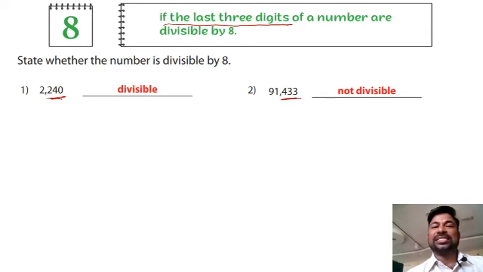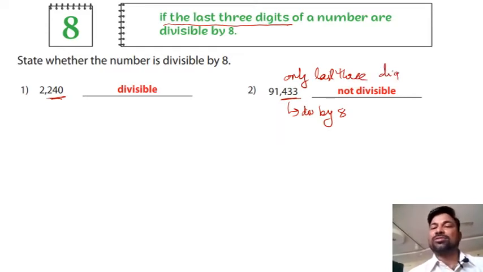If the last 3 digits are divisible by 8, then straight away, no need to check the entire number. I repeat, no need to check the entire number.